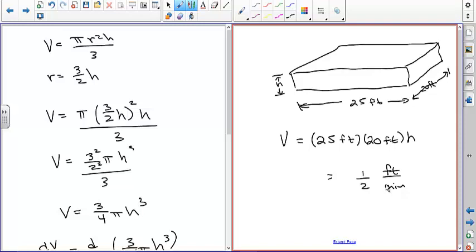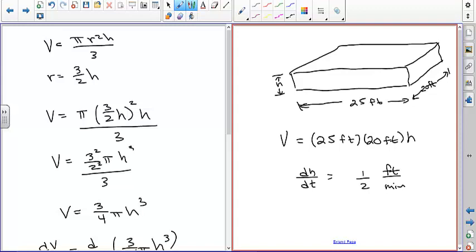The height. Right. So what is equal to 1/2 foot per minute? What is the derivative? Derivative of what with respect to what? Yep. So dH dt is 1/2 foot per minute.